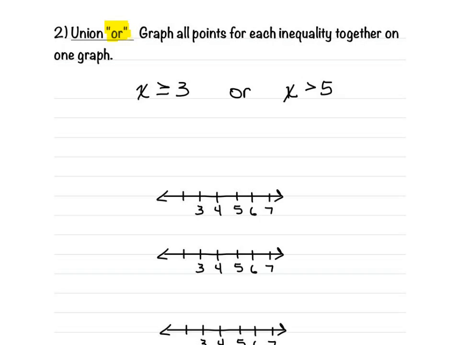Everything goes. You shade everything for one inequality and everything for the other inequality, together on one graph. When you see an "or" inequality, it'll always have the word "or." There's no guessing.